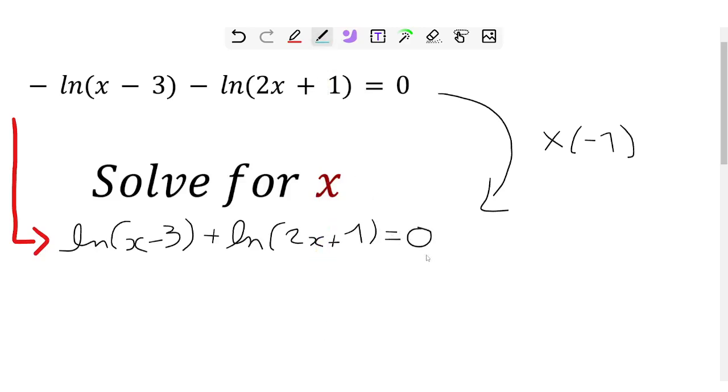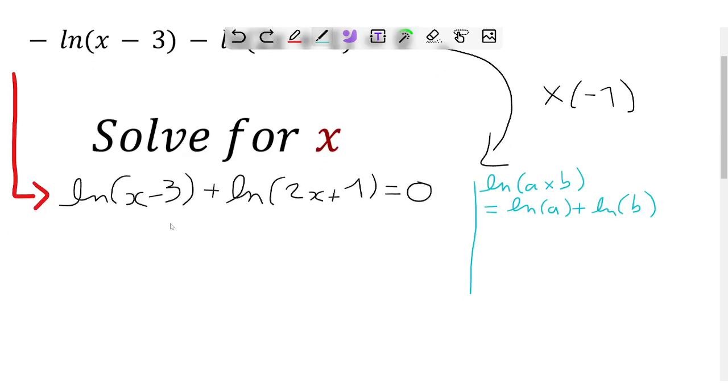And here I'm going to use one of the properties of the natural log, which says that ln of a times b is equal to ln of a plus ln of b. So in this instance, our a is x - 3 and our b is 2x + 1.